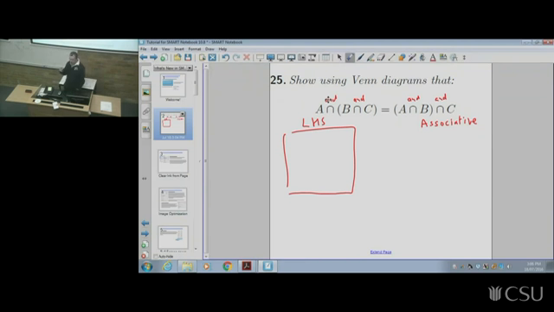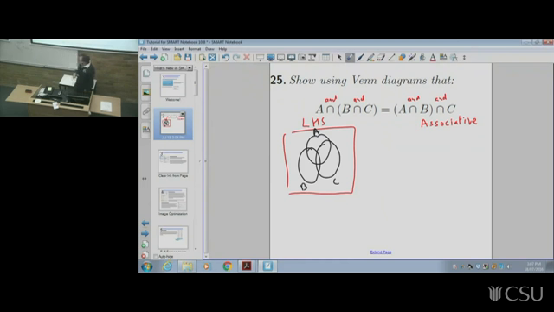So I've got A, B and C, and I have to put a picture down for A, B and C. Like I mentioned the other day, I would like to prove this result in full generality, so I need to make sure the picture covers all possible circumstances you could ever encounter. All possible overlaps need to be included, and the way to do that is to draw that triangle-shaped picture: A, B and C. That's all it means.